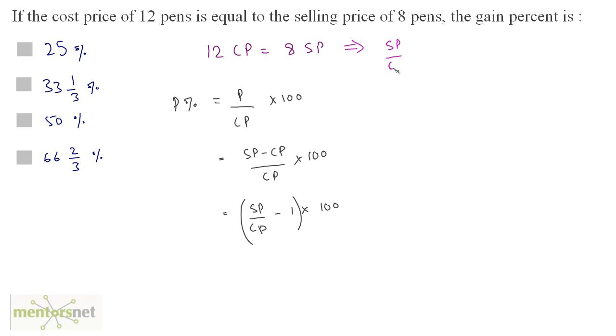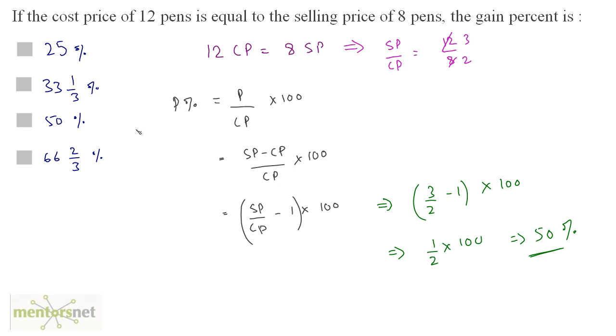Selling price upon cost price will be equal to 12 by 8, and that will be 3 by 2, dividing the numerator and denominator by 4. So this is equivalent to (3 by 2 minus 1) times 100, and that is 1 by 2 times 100, and that is 50%. So the profit percent is 50%.